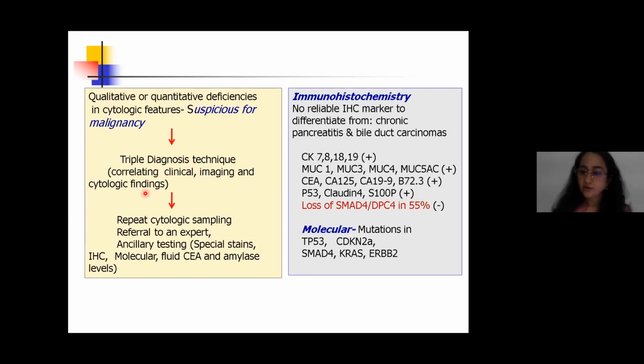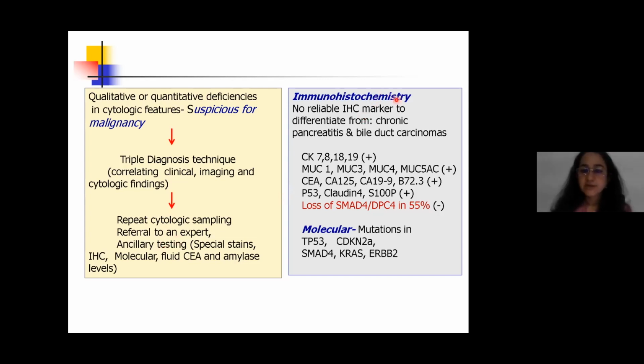And if you still cannot go further than suspicious, you may do a repeat cytology sampling. You can refer to an expert in this field, or you can resort to some ancillary testing like special stains like mucicarmine, PAS, immunohistochemistry, molecular studies, and the fluid CEA and amylase levels.